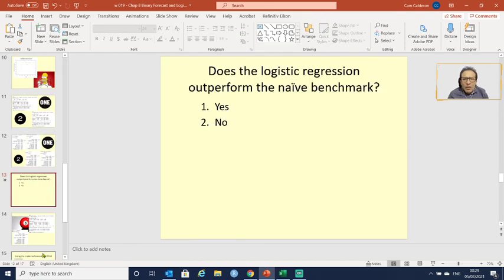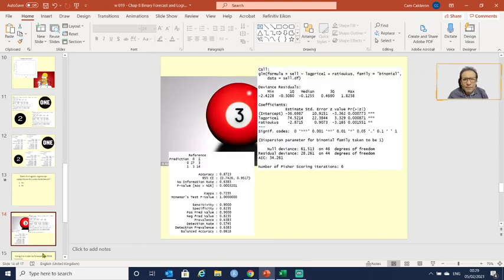So does the logistic regression outperform the naive forecast? In this case, yes, way yes. And here we have our same formula using sell, yes, the lag price is exactly the same forecast, but this time we use everything. We have a very good fit for our data.